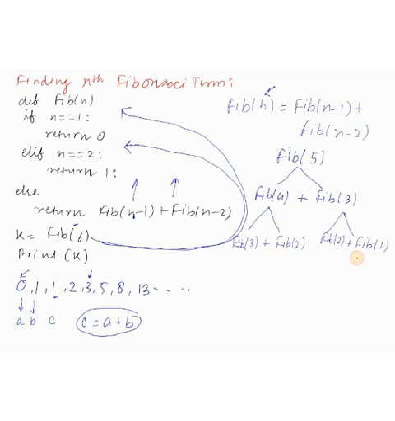We can say these are two terminating conditions, fib of 1 or fib of 2. Fib of 2 will be 1 and fib of 1 will be 0, and their sum will be 1. So wherever fib of 3 is written, the answer will be 1 plus 0, that will be 1. We can say this is fib of 3, it will be further divided into fib of 2 plus fib of 1. Similarly, this is terminating condition, so it will return 1.